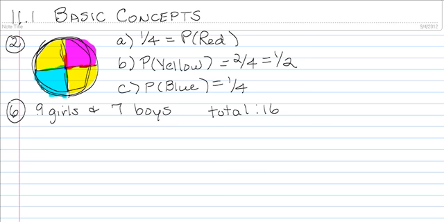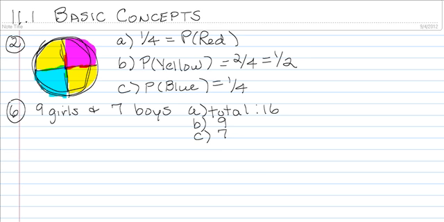First of all, the total number of possible outcomes is 16. B, the number of favorable outcomes, so that would mean getting a girl, so we have 9. The number of unfavorable would be getting a boy, since we're looking at the probability of getting a girl.